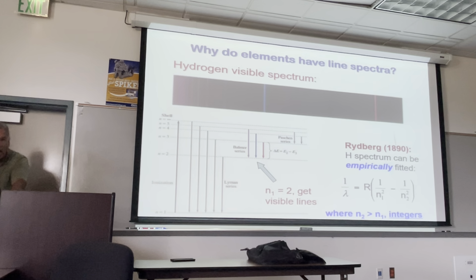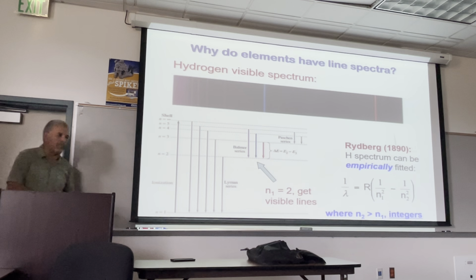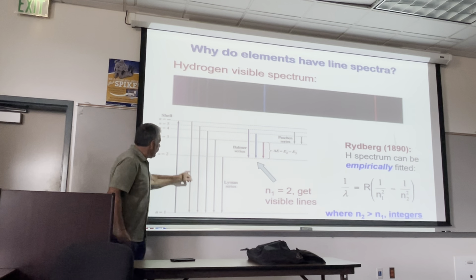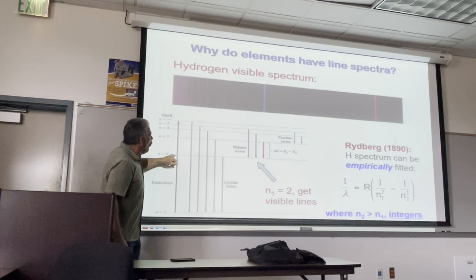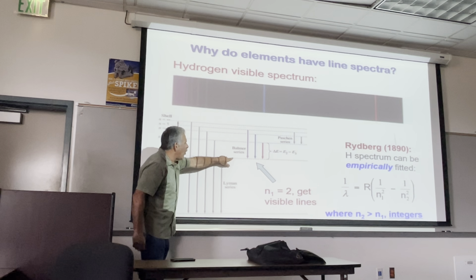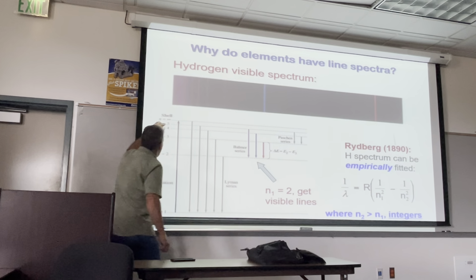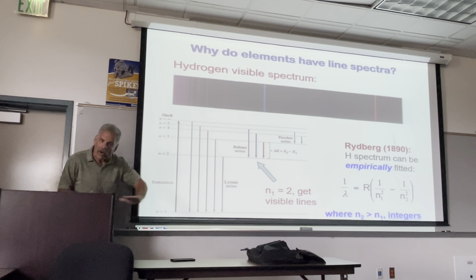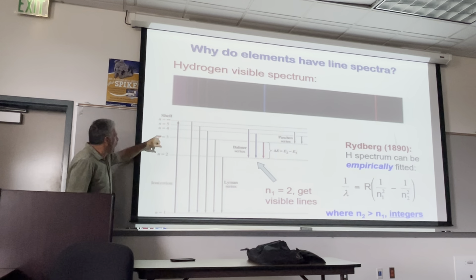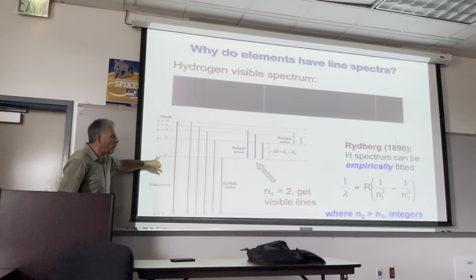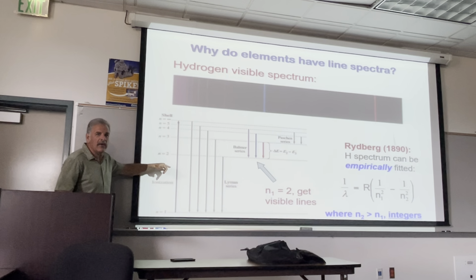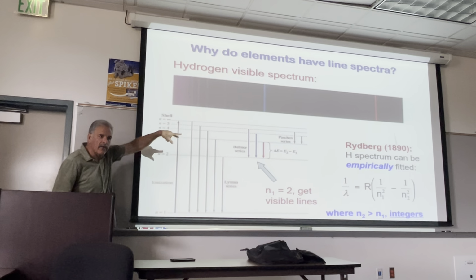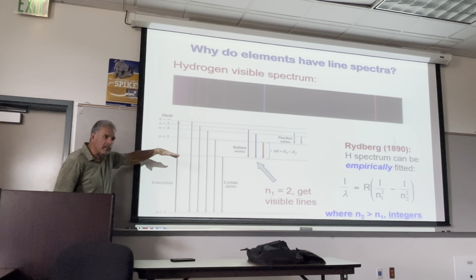The visible lines, you guys remember this? You put energy in, you take it from the ground state. The one series we can see is the Balmer series, and it's any transition between energy level 5, which would be row 5 on our periodic table, down to energy level 2, which would be like helium, the second row.